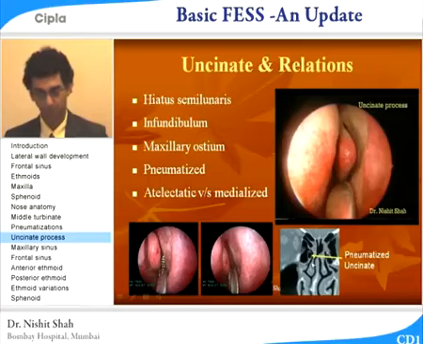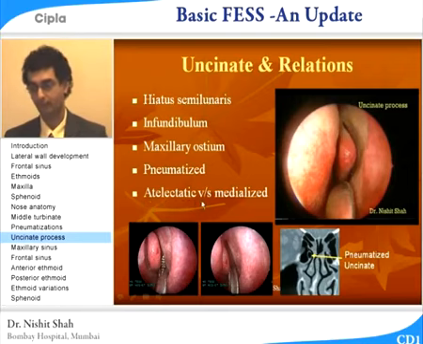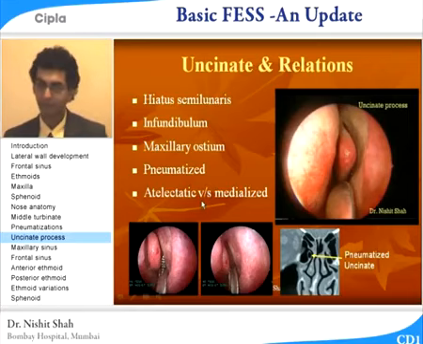Occasionally the uncinate itself may be pneumatized, as you can see in the CT scan in your right corner. Sometimes the uncinate may be atelectatic, it may be atrophic, and in that situation, being lateral, it is a little more difficult to do an uncinectomy.